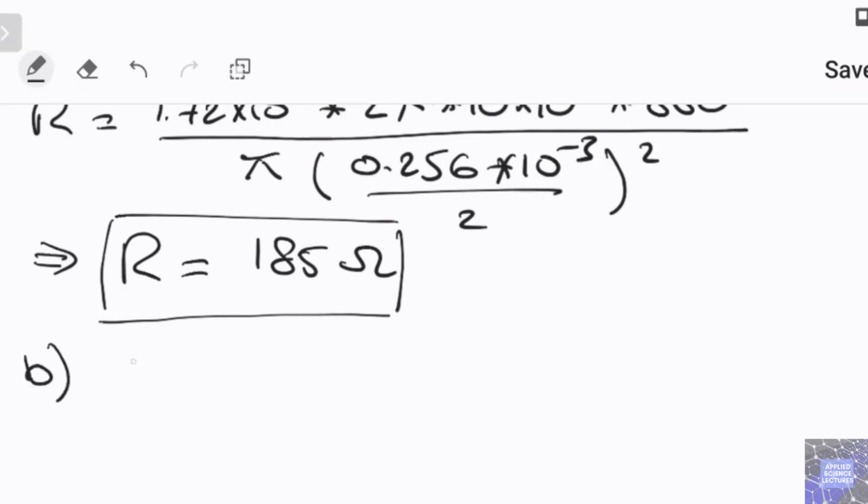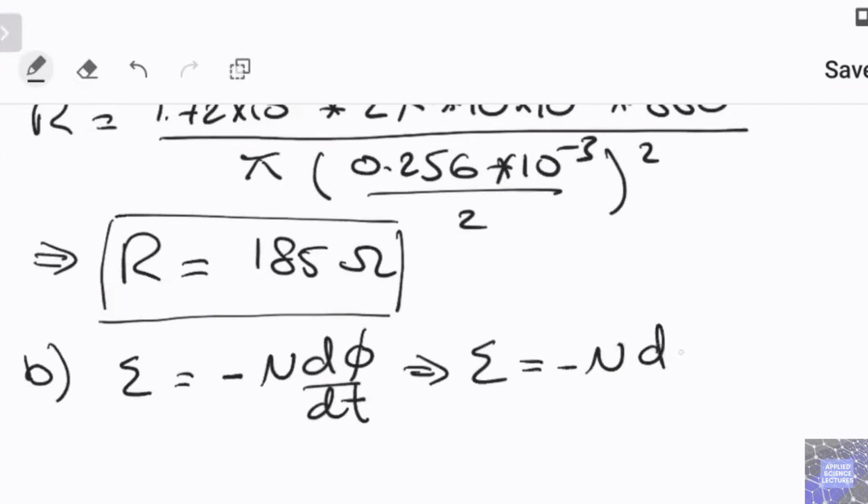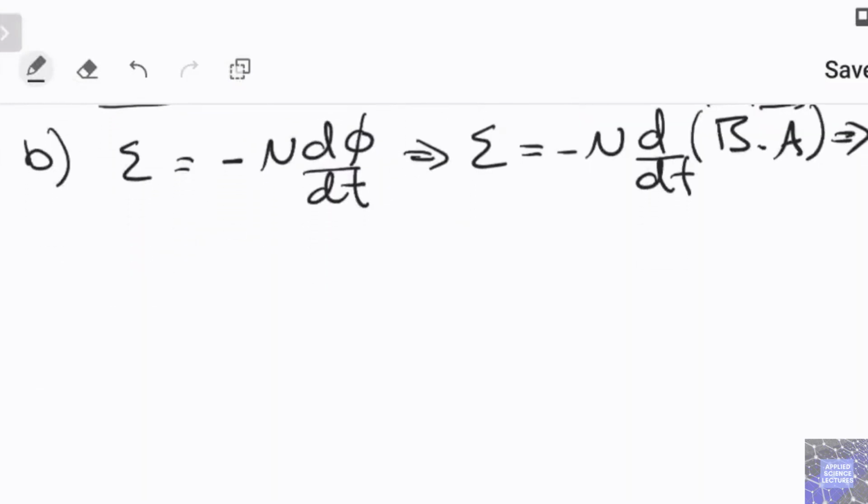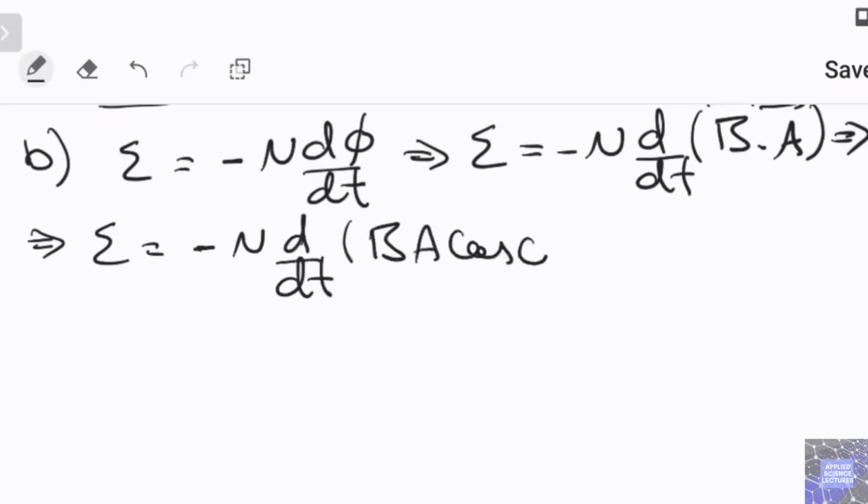So we know that the electromotive force equals minus N d phi over dt, which is minus N d over dt of the magnetic flux B dot A. This gives minus N d over dt of B A cosine theta, from the definition of the dot product.